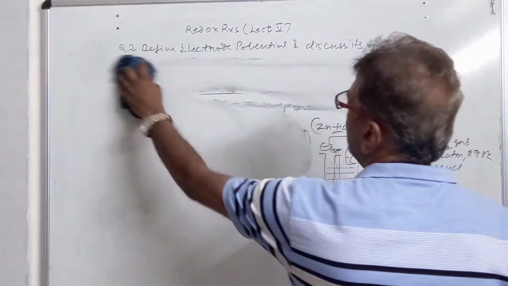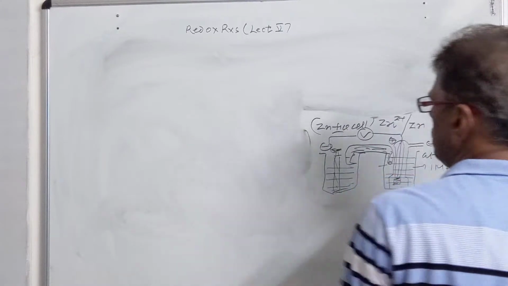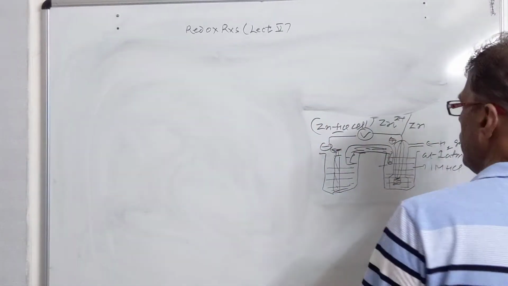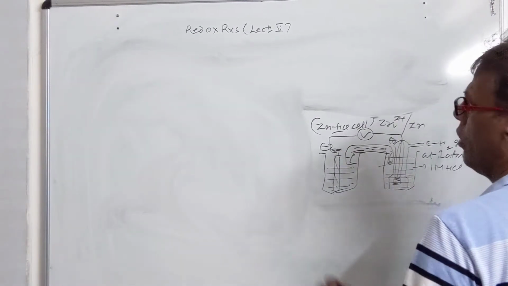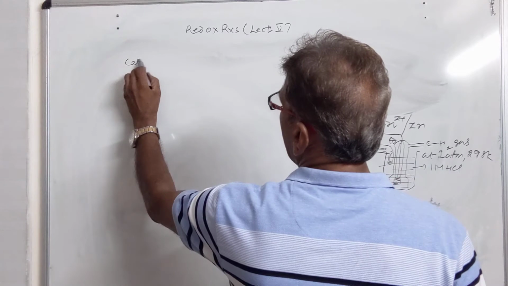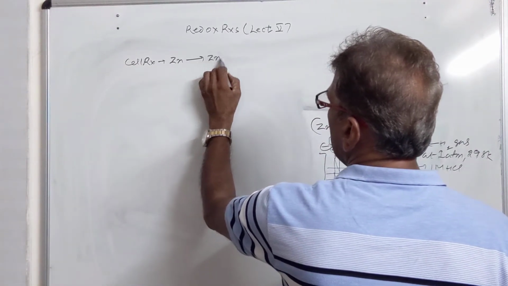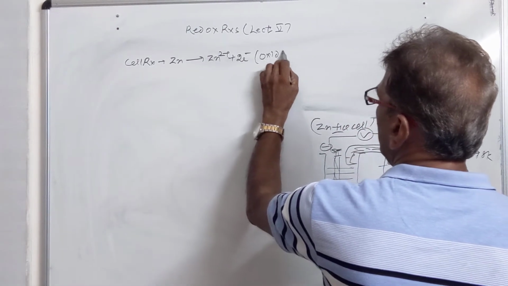So we will now be studying the cell reaction in this couple. This is the measurement of the electrode potential of the zinc electrode. Now the cell reaction here is: zinc first of all loses electrons and changes into zinc ions. This is the oxidation half reaction.